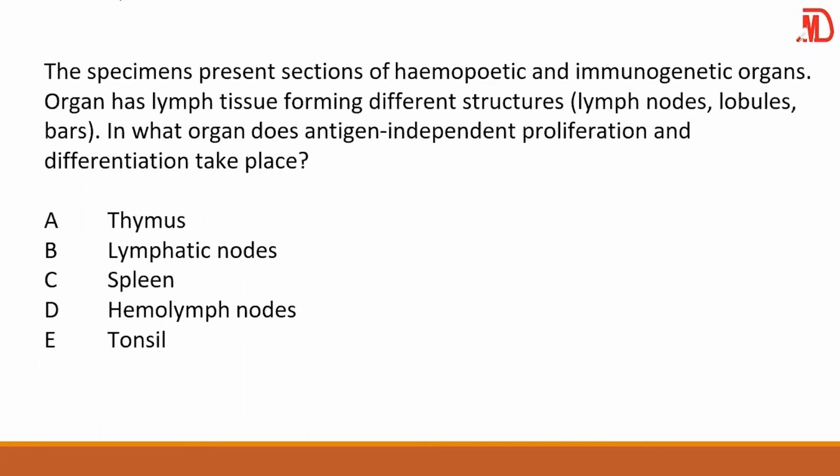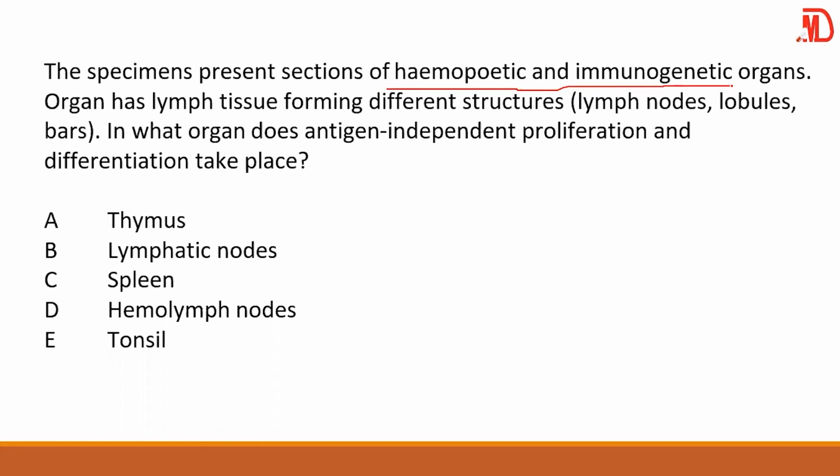The specimen presents sections of hematopoietic and immunogenetic organs. Look at it. So they're looking for an organ that deals with what? Hemopoiesis, that is blood formation, and immunogenetic organs. That means an organ that helps the immune system to fight diseases, isn't it?